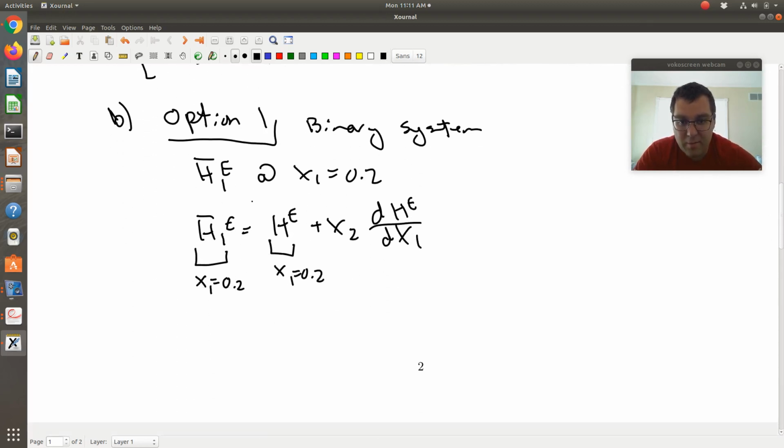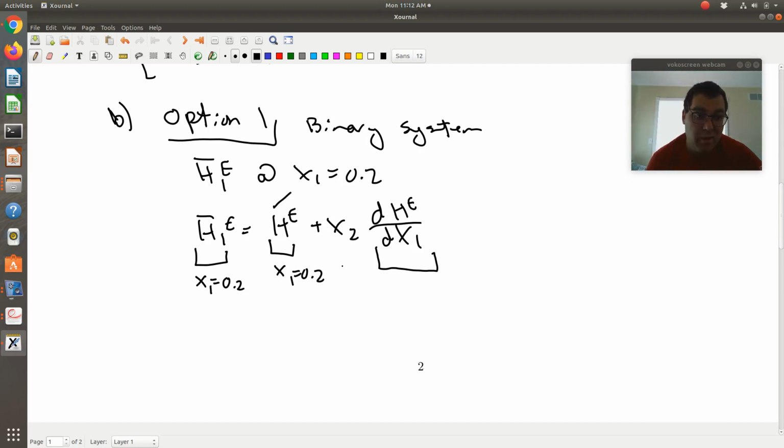So I have this. Then x2 is 0.8, that's not a problem. The only thing I really need to worry about computing is dHE/dx1. So I need the derivative of HE with respect to x1 at x1 equal to 0.2.